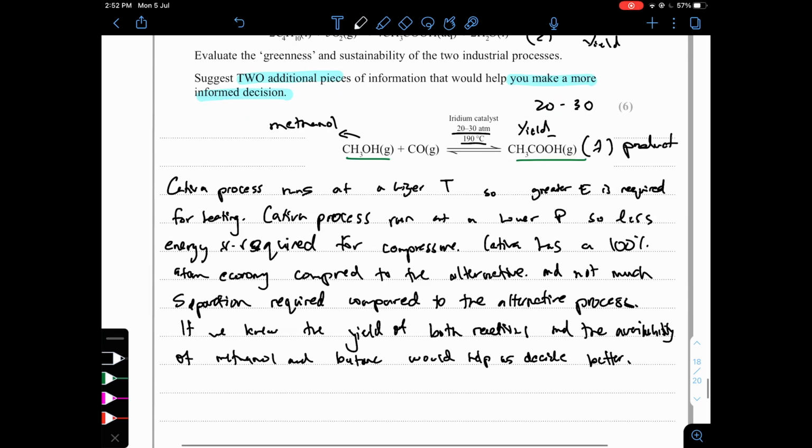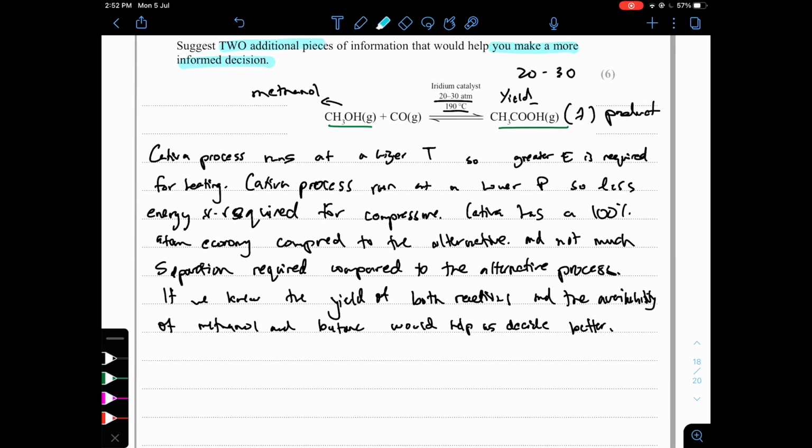So that's the answer. So what are the key points? You can say that the Cadiva process runs at a higher temperature, so more energy is required. It also runs at a lower pressure, so less energy is required for compression. We can say that Cadiva has 100% atom economy because of one product.